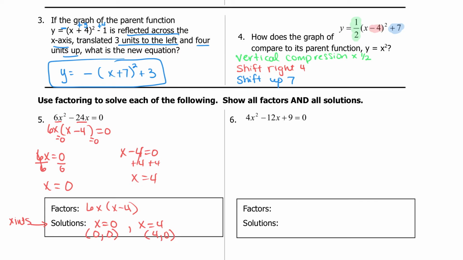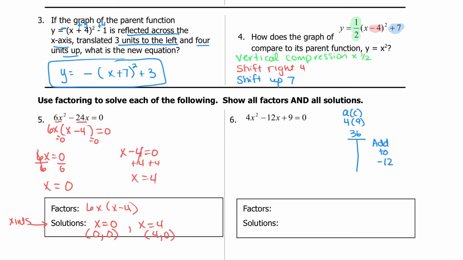When I look at 4x squared minus 12x plus 9, it does not have a GCF. It has 3 terms, so now you need to make your A times your C chart. My A is 4, my C is 9. That's going to give me 36, so I need factors of 36 that are going to add up to negative 12. Let's redo that.